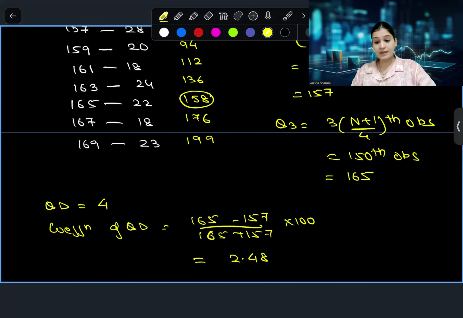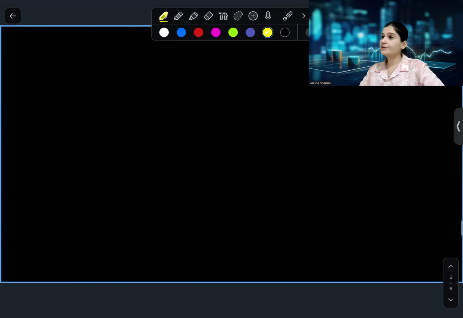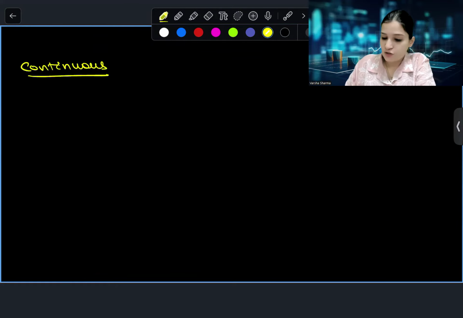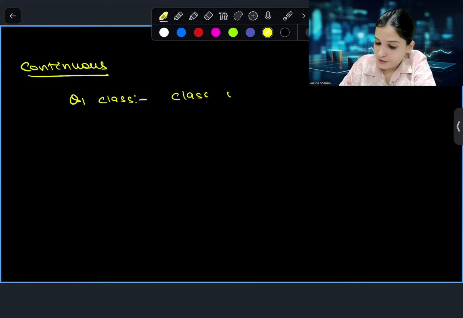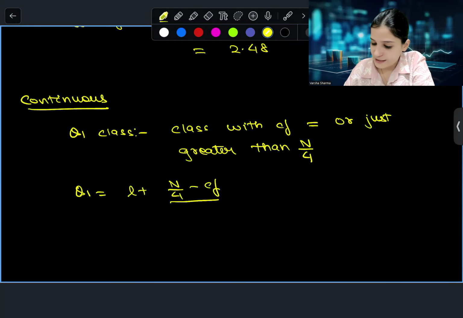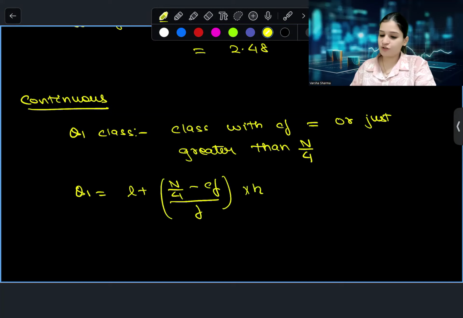Yes, ma'am. The same thing we also calculate for continuous. Now, for continuous, that is with the interval one, see the formulas. Q1 class is the class with cumulative frequency equal or just greater than n by 4. Then the formula of Q1 is L plus (n by 4 minus Cf) by f into h.